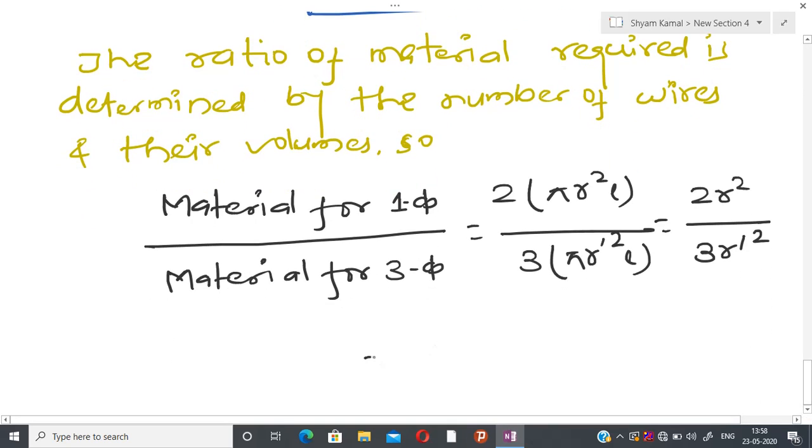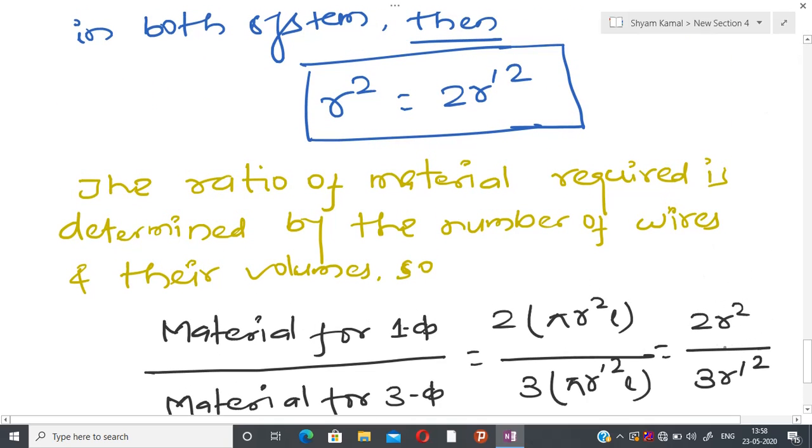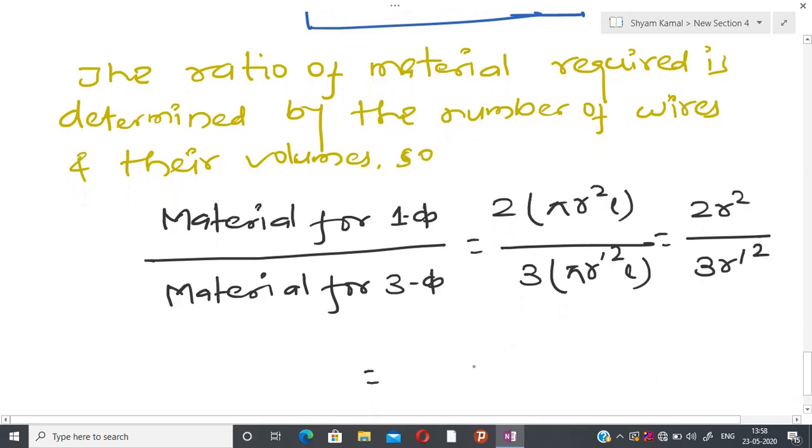So finally, from the above relation, where we have established the relation between r and r dash, from there I can further write that 2 by 3 multiplied by 2, that is nothing but 1.333.